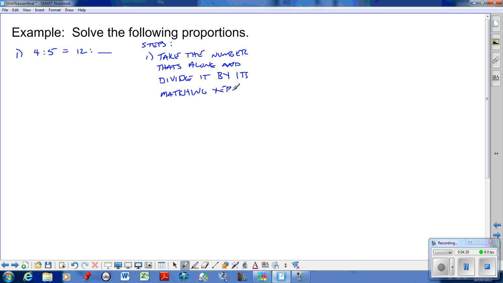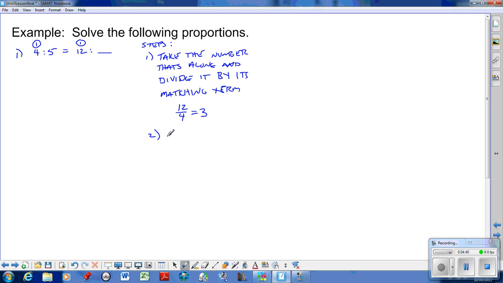The 12 was the first term in the ratio, so its matching partner is the 4. So our first step is to do 12 divided by 4. That gives us a value of 3.